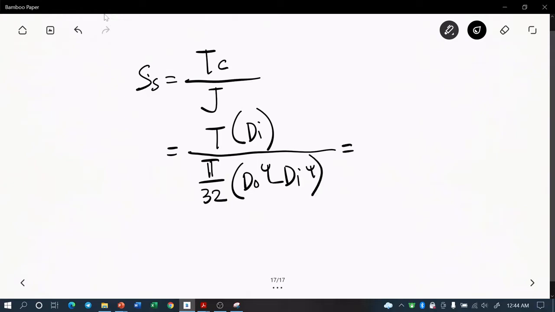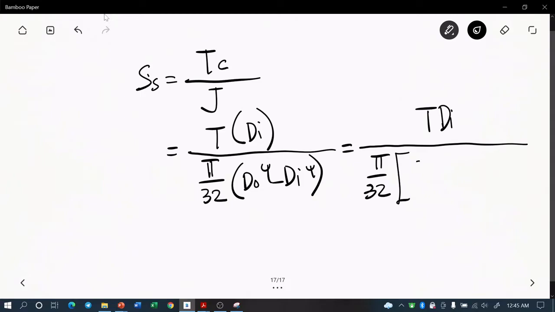Okay, so we're going to substitute d sub O is equal to 2 d sub I, pi over 32, and 2 d sub I to the power 4 minus d sub I to the power 4.